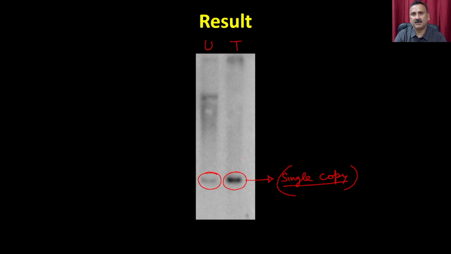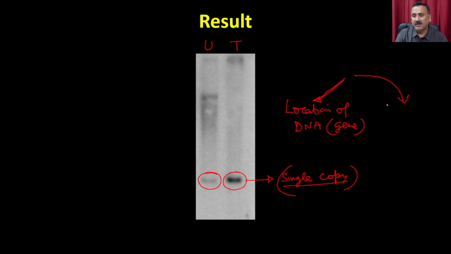So, with this kind of result, at the end of the Southern blotting you are going to see the location of the DNA or the gene, whether that particular gene is present on chromosome number 3, 4, 5, 6, 7, whatever, and it also tells how many copies are present.